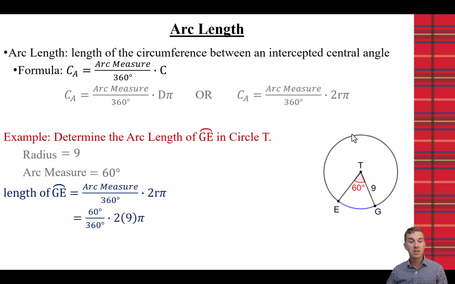So the arc measure is 60 degrees, and then it's 2 times the radius, which is 9, times pi. 60 over 360 simplifies to 1/6, and the degree units cancel, and then 2 times 9 is 18. So a sixth of 18 pi would tell us it's 3 pi. That's the length of arc GE, and that's 1/6 of the total circumference of this circle.